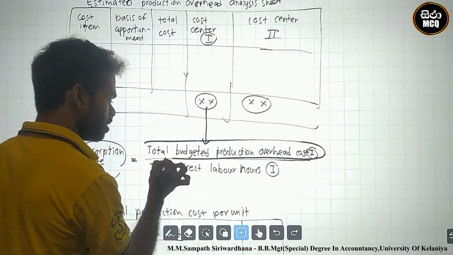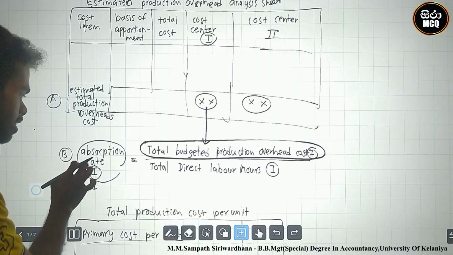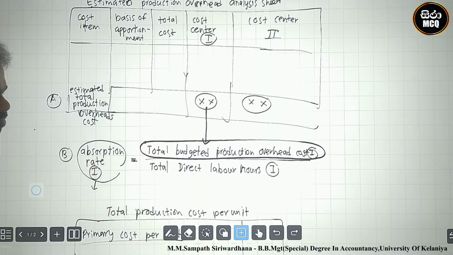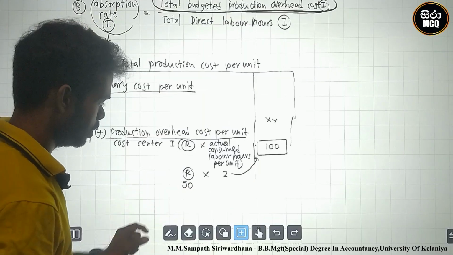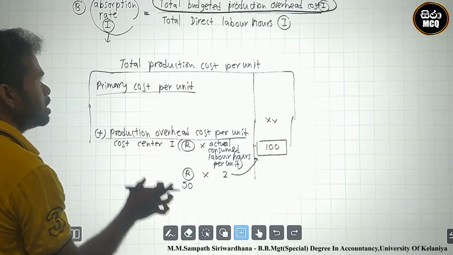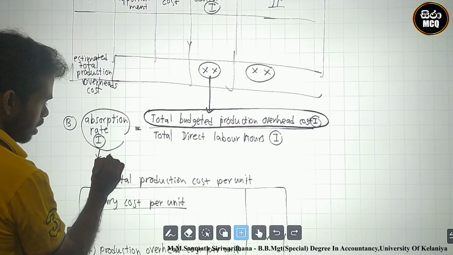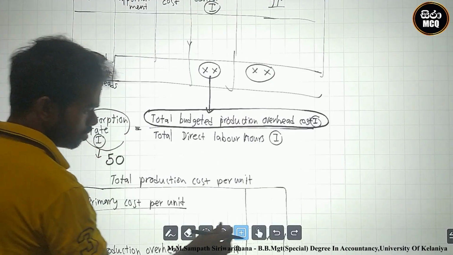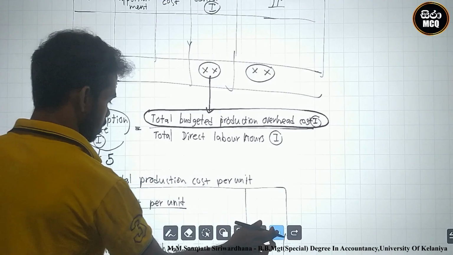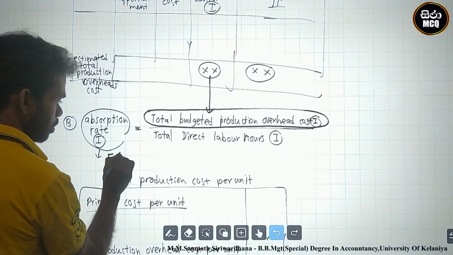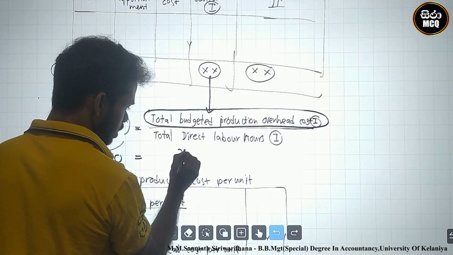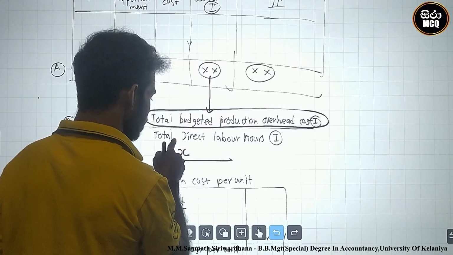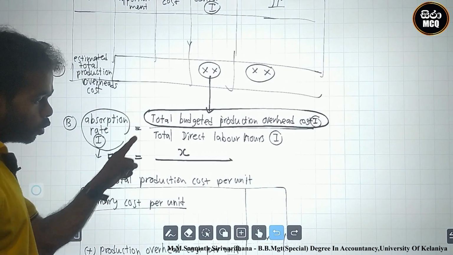How can we find it? We already found the absorption rate. Look here, the absorption rate was already found: 50. 50 is the absorption rate answer. To find the total budgeted production overhead, X, divided by direct labor hours.